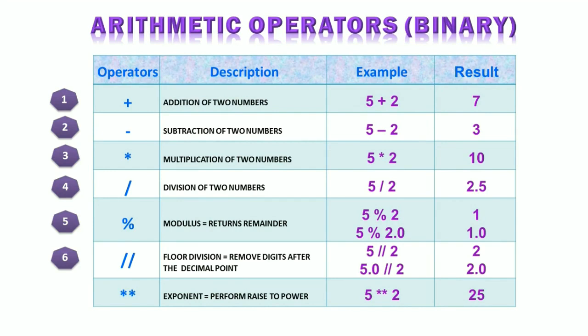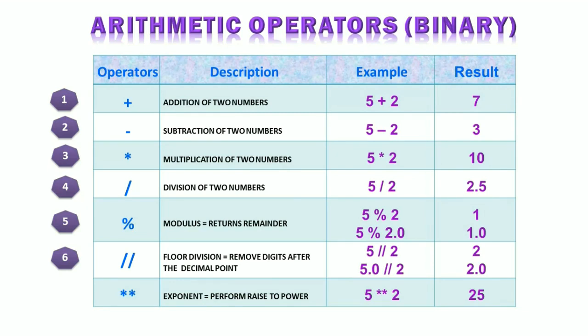Floor division operator, it is represented by two slashes. It removes digits after the decimal point. Like 5 floor division 2 results in 2, but 5.0 floor division 2 will result in 2.0.